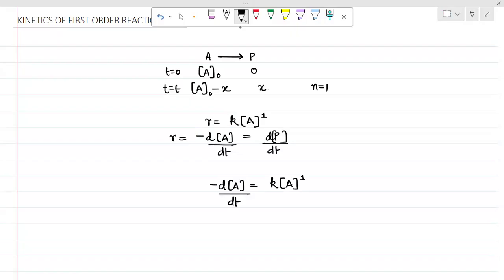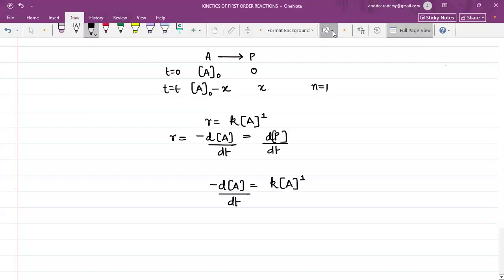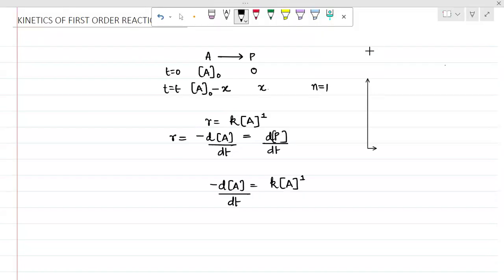Now, before moving further, let's plot a graph. Plot a graph between rate of the reaction and concentration for a first order reaction.